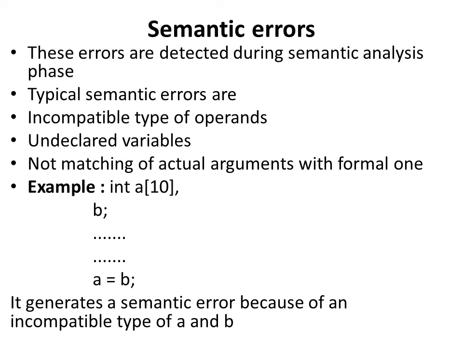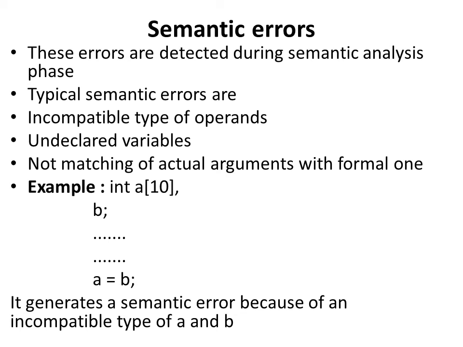One example: int a[10], where a is declared as an integer array, and b is also declared as an integer, but b is not an array, it is a simple variable.